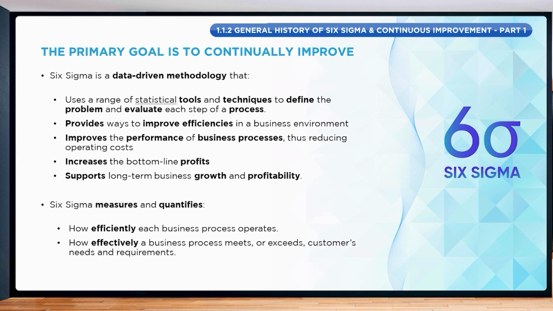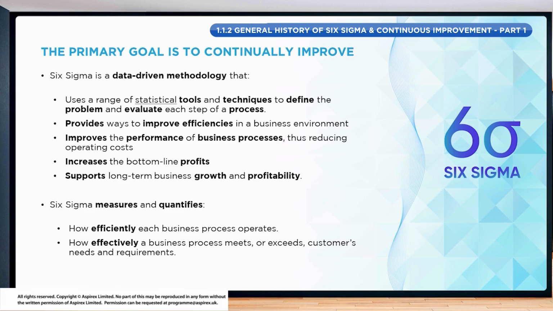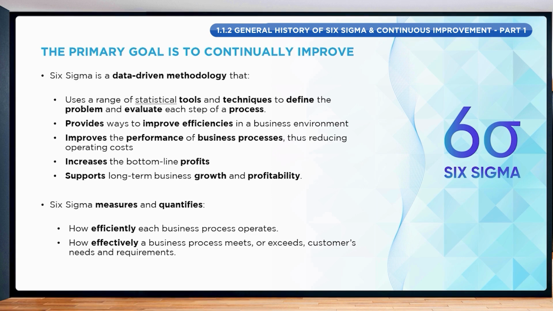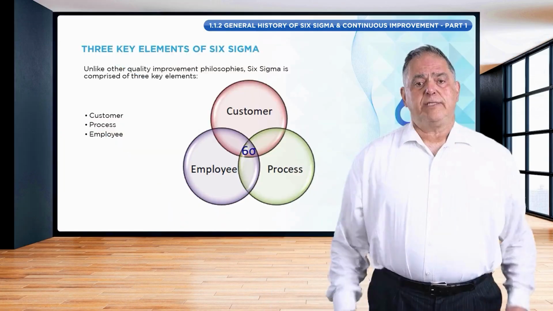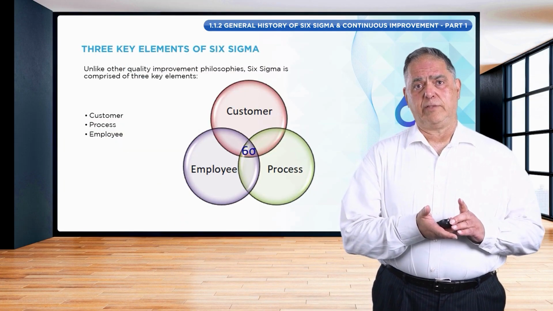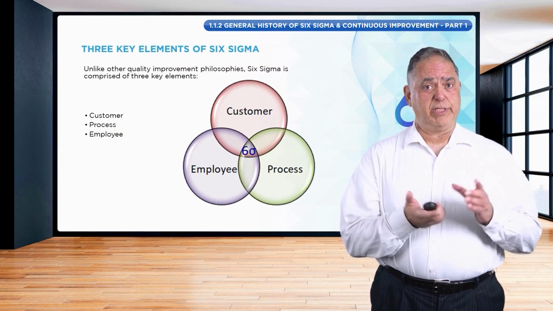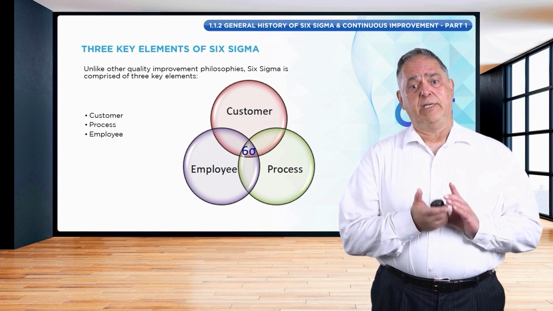As I mentioned earlier, the ultimate goal is not just to meet requirements, but to exceed customer expectations. We want to delight the customer, and we want to improve customer loyalty, which will improve the business profits. These are the key elements of the Six Sigma methodology, philosophy, and strategy.